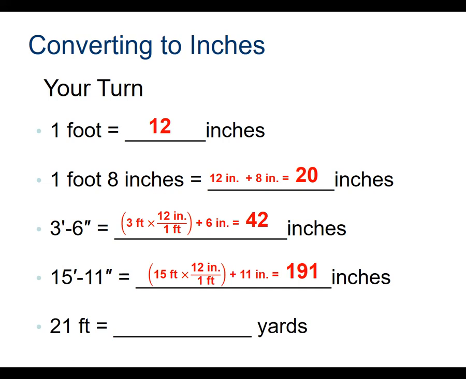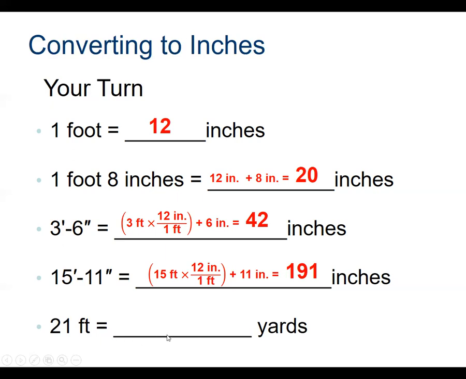All right, last one. 21 feet in yards. So we changed our desired unit. We want it in yards. So remember, there are 3 feet in every yard. So what's this going to look like? 21 over 1 times, well, I want yards on top. So I'm going to put 1 yard divided by 3 feet and get my feet to cancel each other out.